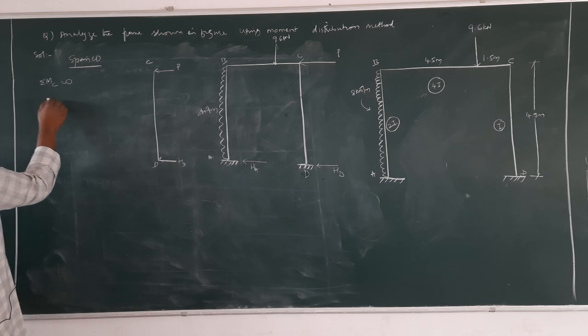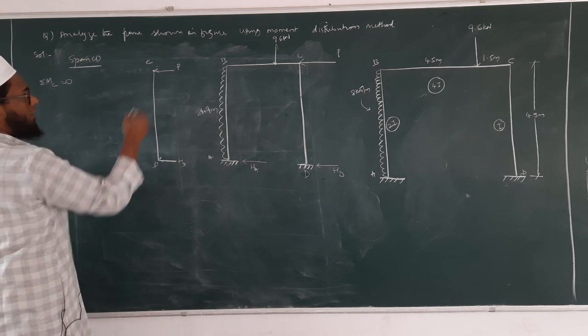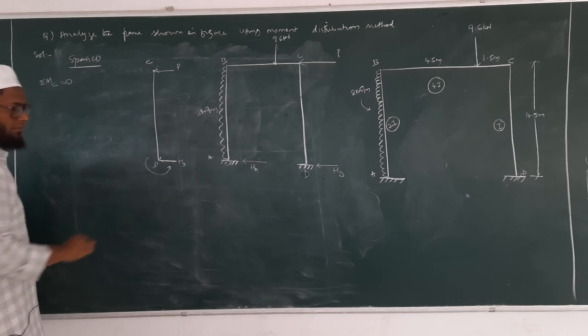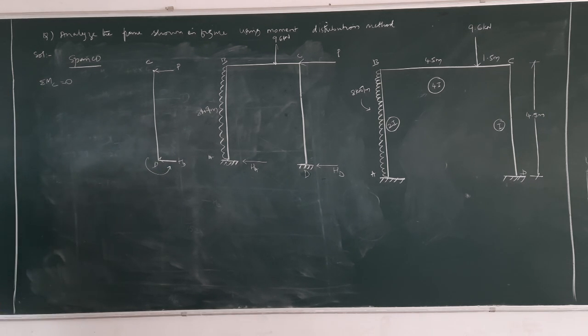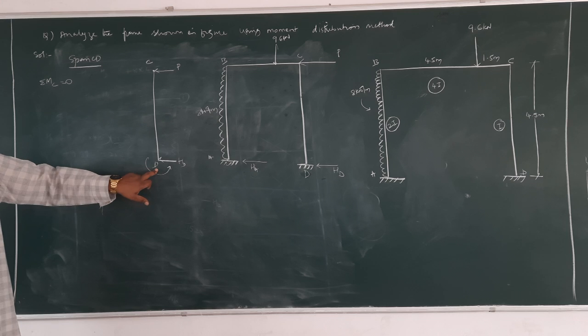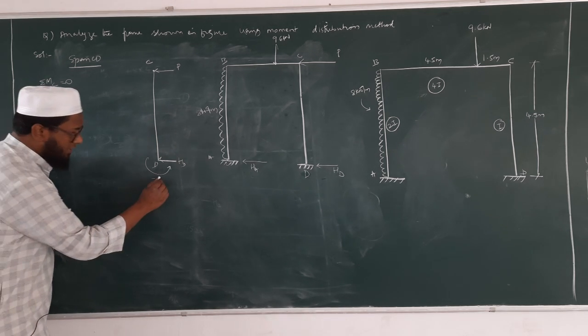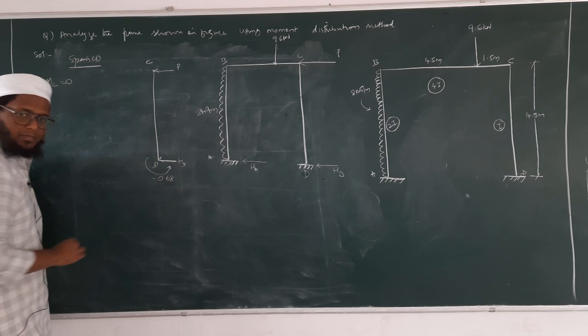So what happens if you take moment at this point? See, we have moments also, right? What are the moments? What is MDC? It is anti-clockwise or clockwise? Minus 0.68.